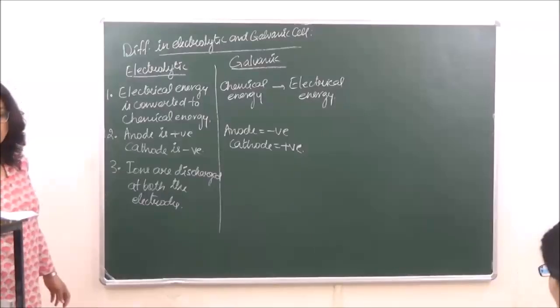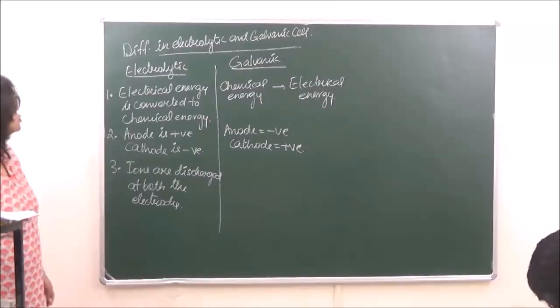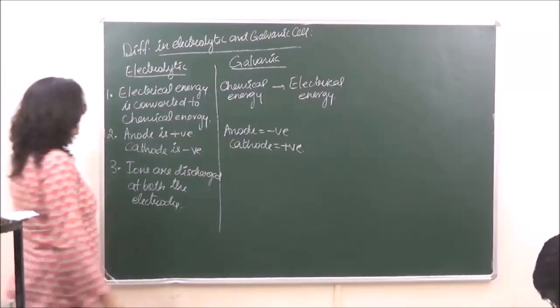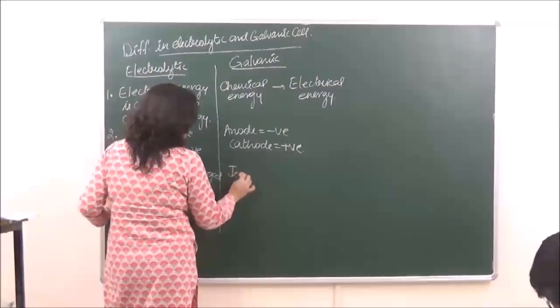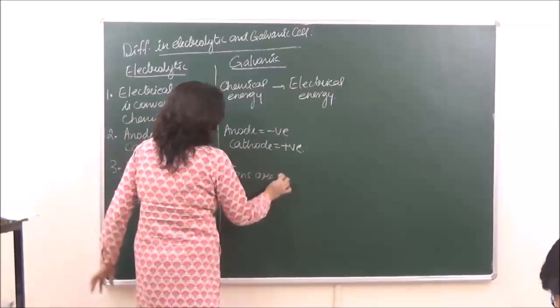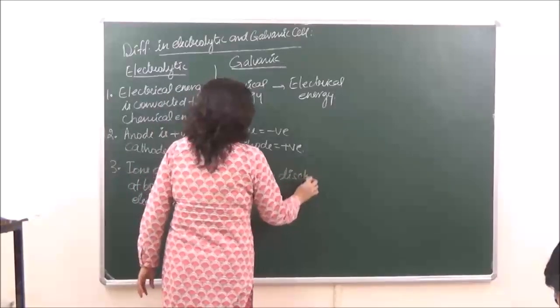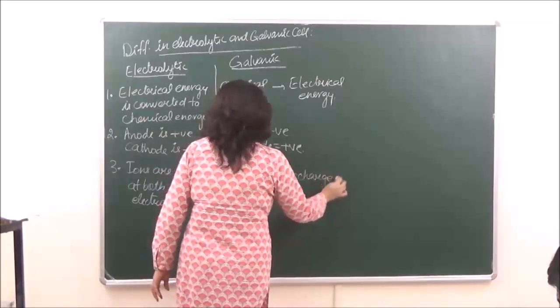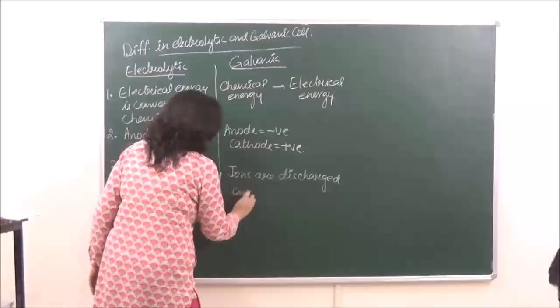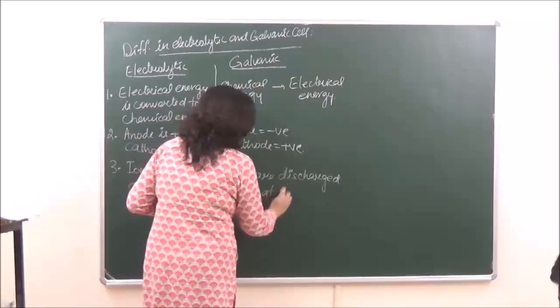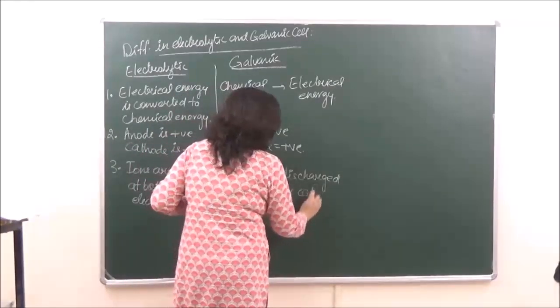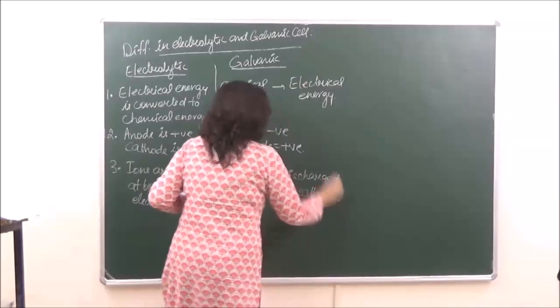Cathode and anode, at both the electrodes ions are discharged, whereas in galvanic cell, ions are discharged only at the cathode. Right?